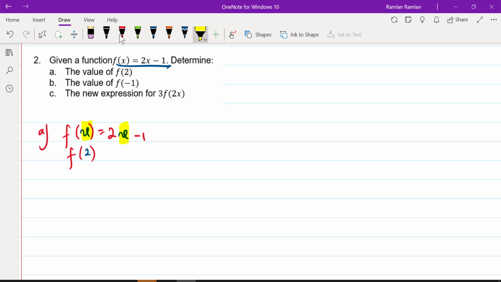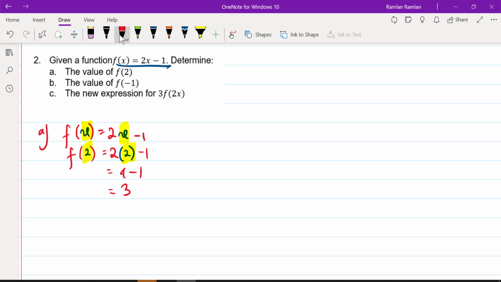F of x, and this is x over here. So if this is f of 2, so there will be 2, and then substitute the x by 2, and then minus 1. Can you see what happened? I'm just substituting the x by 2. That's it. And then you can just calculate this. This is just 4 minus 1, and it'll be just equal to 3, right?